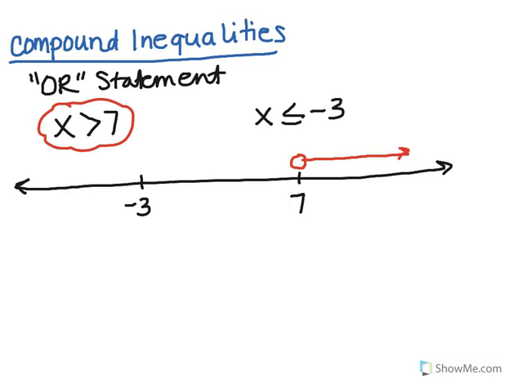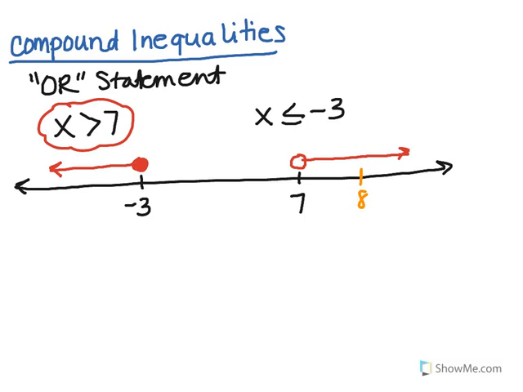This other constraint is x's, the numbers that are less than or equal to -3, so equal to -3 gives us a filled-in circle, and then everything less than that. And now that we see this on the number line, we can see that we can't pick a number over here, say the number 8, and have it be true for both of these statements.